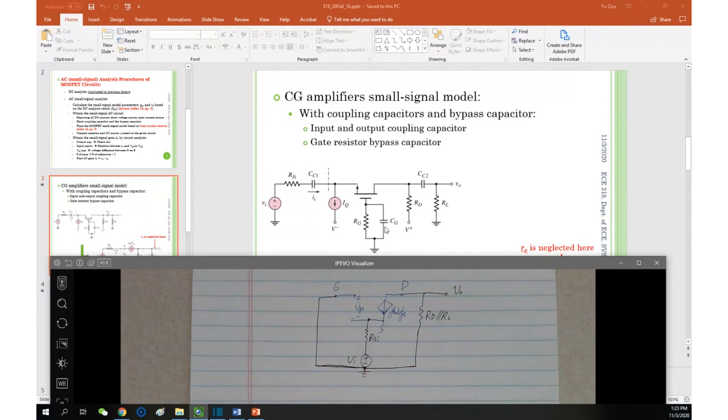All right, take a look at this resulting small signal circuit to see if there are any questions. You can easily imagine you're going to need to do this in the midterm too, so make sure you know how to do it. This is the small signal circuit.